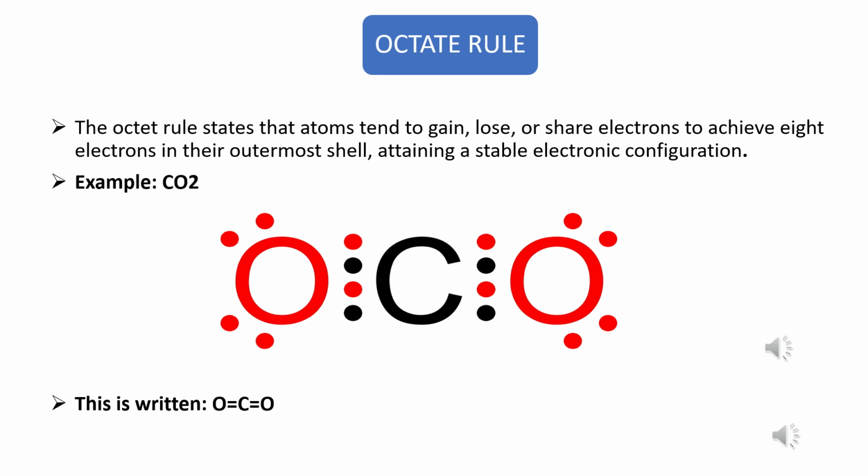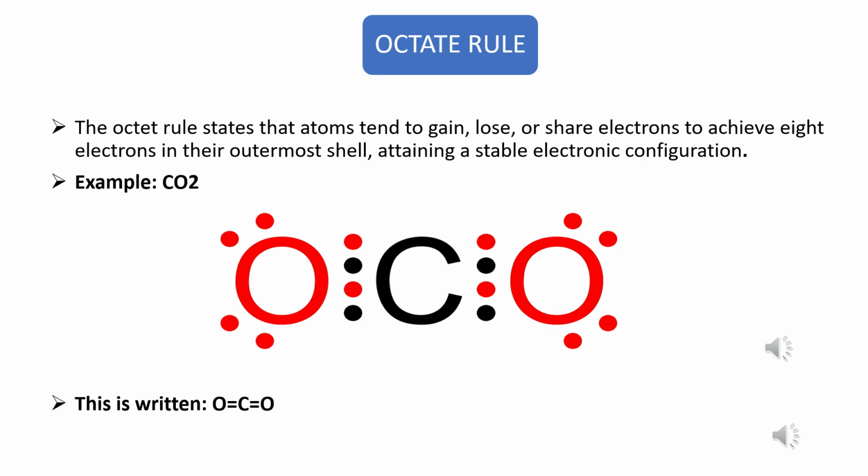To understand this concept, let's consider the example of carbon dioxide, CO2. Carbon has 4 valence electrons, while each oxygen atom has 6 valence electrons. Carbon requires 4 more electrons to complete its octet, and each oxygen atom requires 2 more electrons.